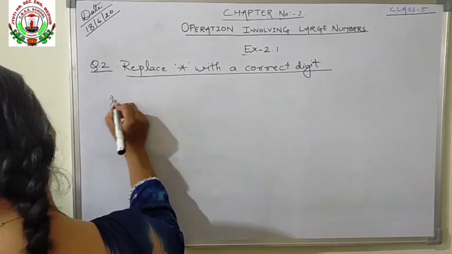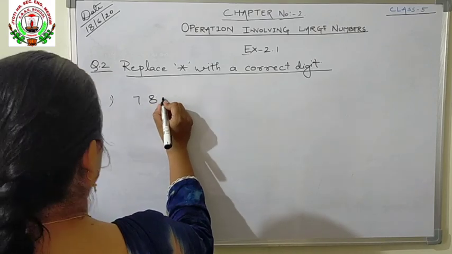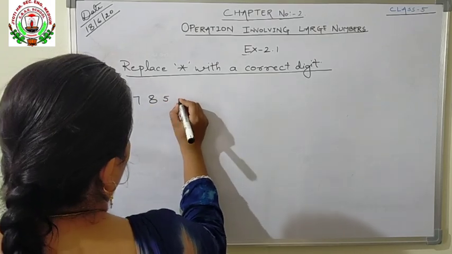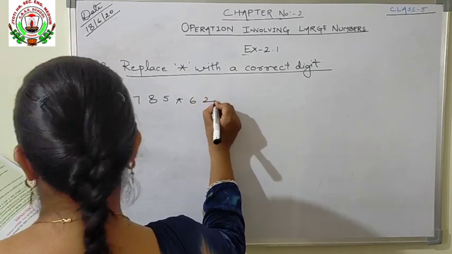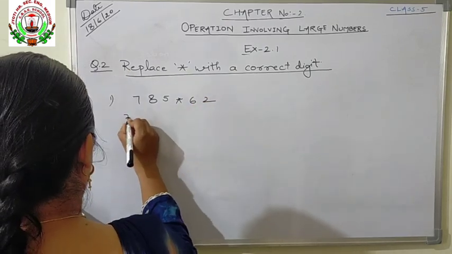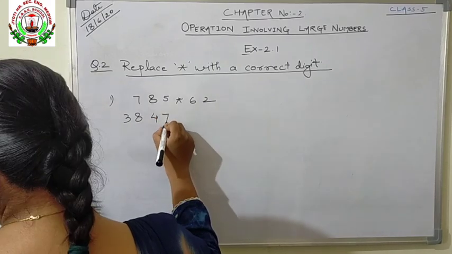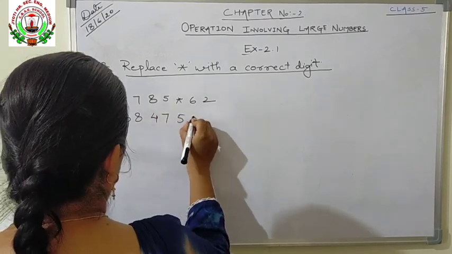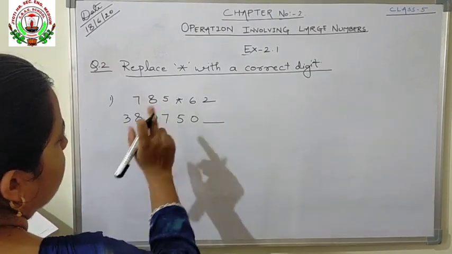Let's solve question number 1. 7, 8, 5. Here star sign is there. Then 6, 2, 3, 8, 4, 7, 5, 0. I am writing blank in place of this sign.